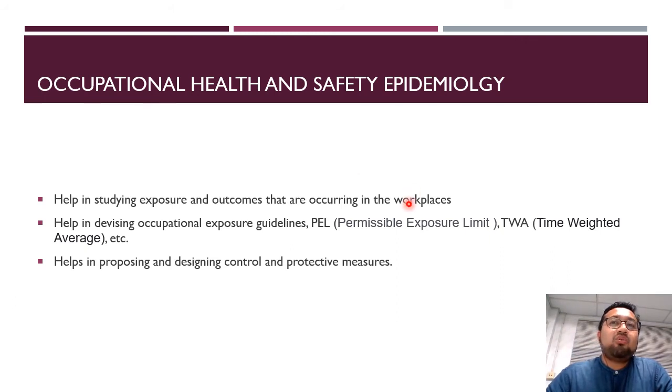There is a place, time and person, and here the place is the occupational place, the workplace. It helps in devising occupational exposure guidelines from the information we have. So we can set a permissible exposure limit, set the time weighted average, and so on. It helps in proposing and designing control and protective measures.